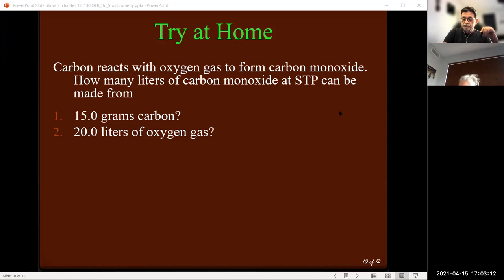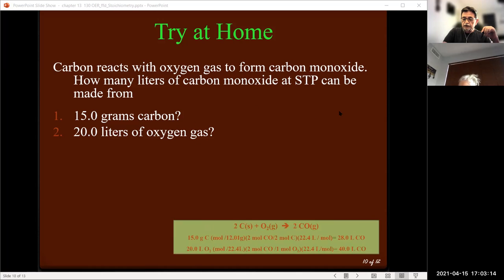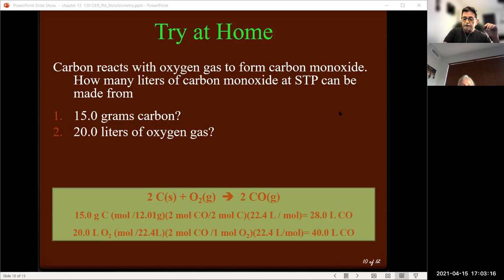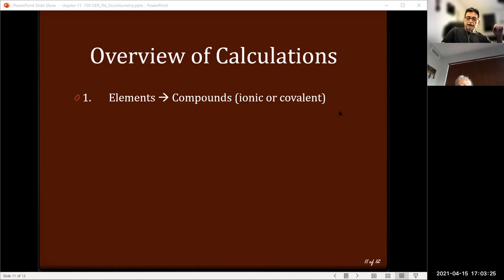Try that out. You should come up with 28 liters of carbon monoxide for number 1 and 40 liters of carbon monoxide for number 2. And if you don't get it, bring it in on Tuesday and we'll go over it. That's a typical type of question you'll find on homework, exams, and activities.